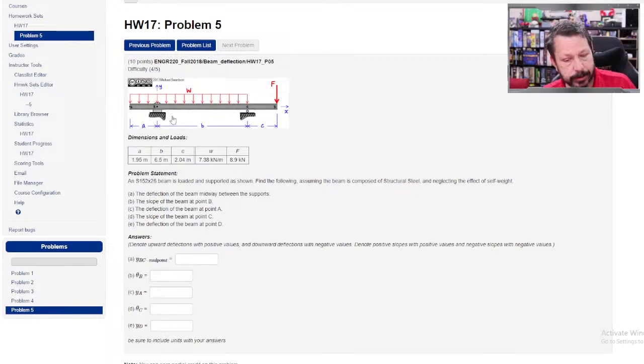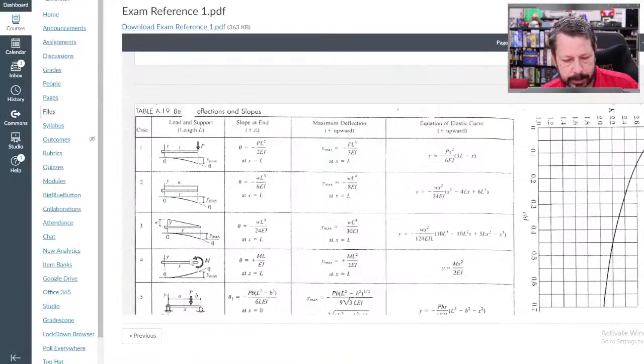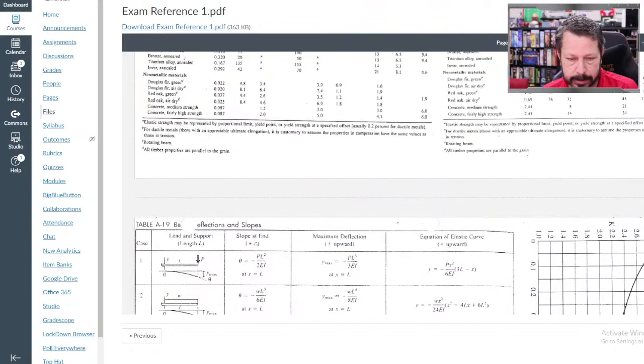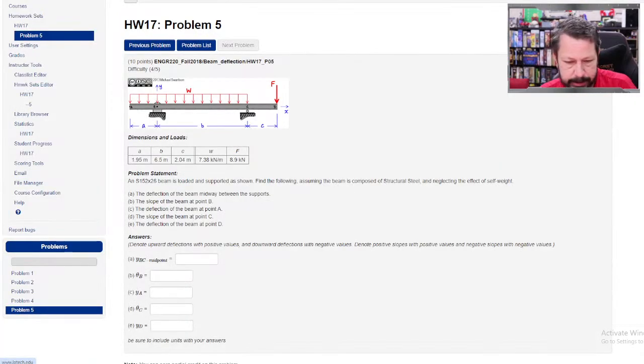So sometimes you have to use the mirror image of the pictures in the chart to match up with what you actually have here. So just be careful that what you're actually doing is matching the diagram the way the diagram is meant to be used. Like, for instance, this one where B is the smaller dimension, not the dimension on the right-hand side. Let's look at that 15.5 and see what it says.